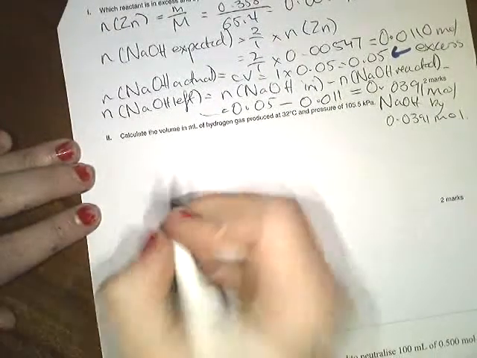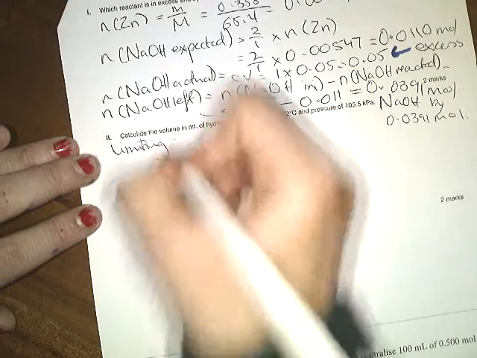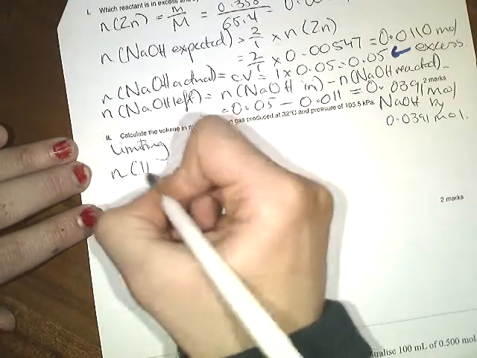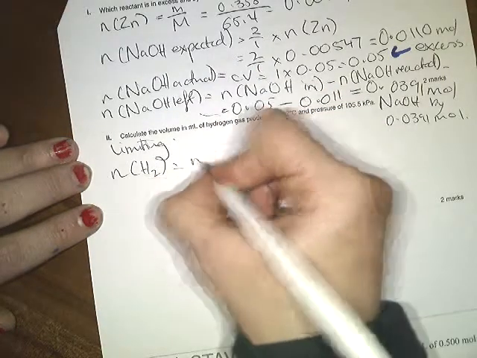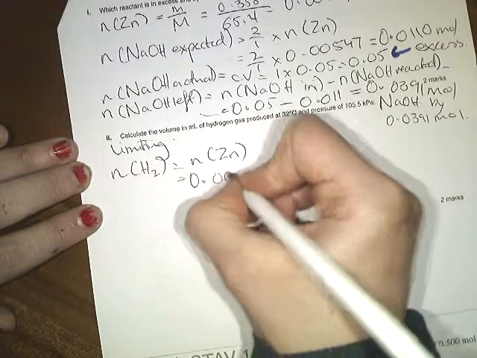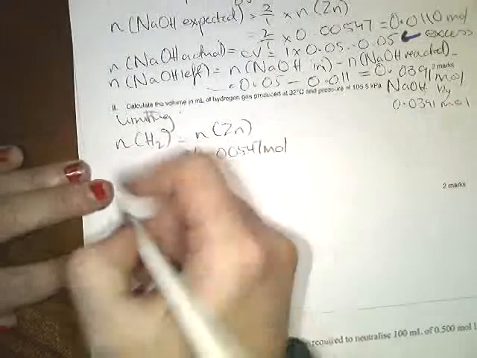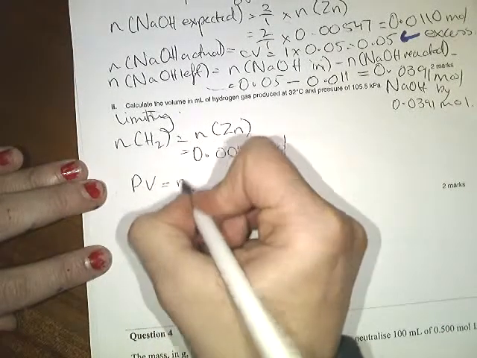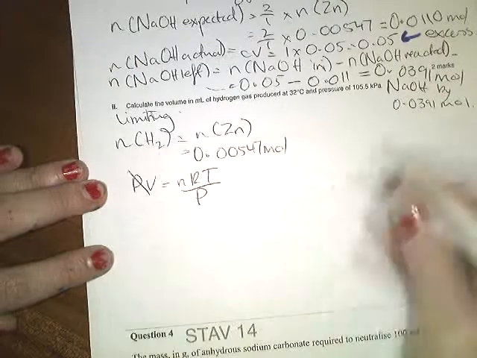Then it says calculate the volume of hydrogen gas produced. Well, we've got to use the limiting reagent because that will limit how much is produced. So we work out the moles of the H2 using the moles of zinc, which equals 0.00547 mole. Then we do PV equals nRT, and we are trying to work out volume.